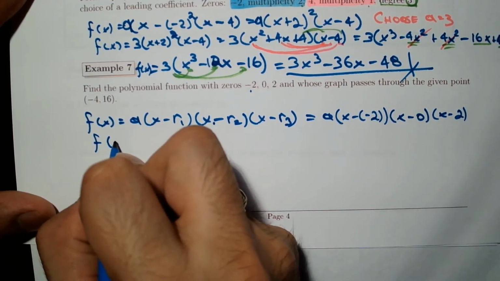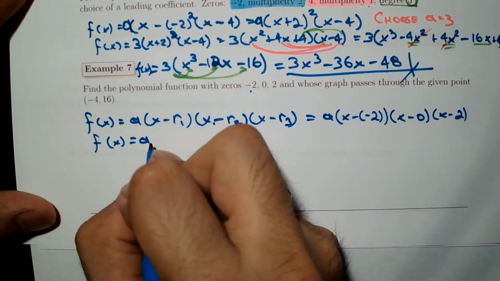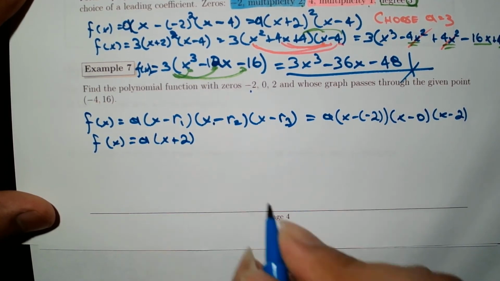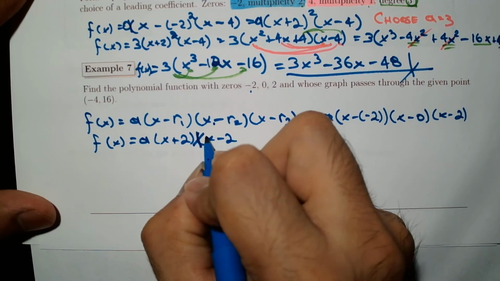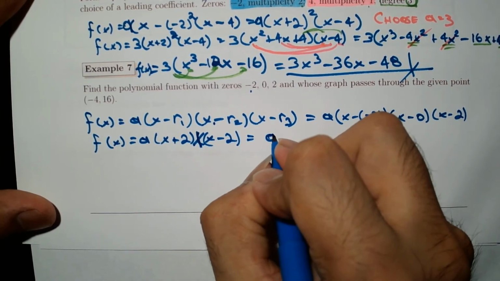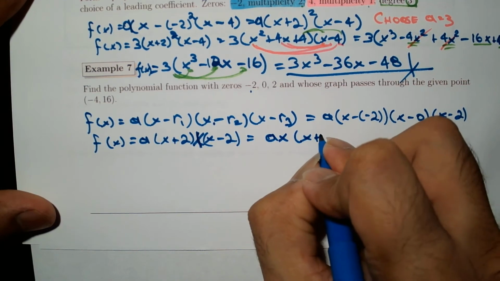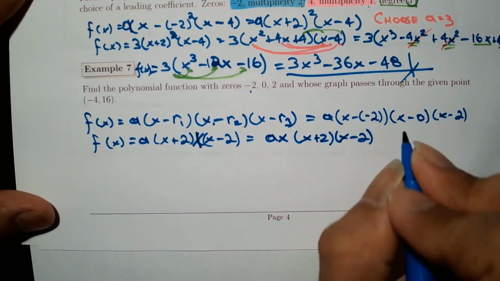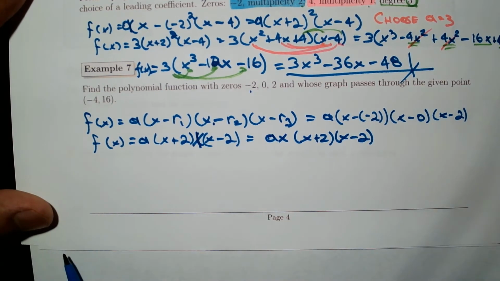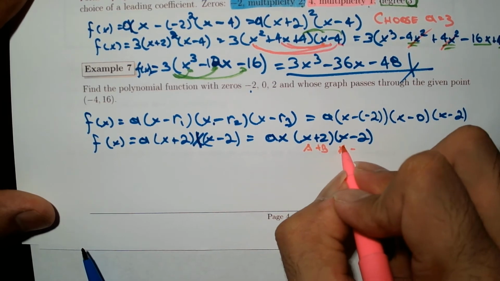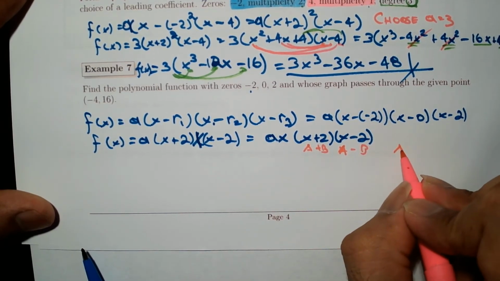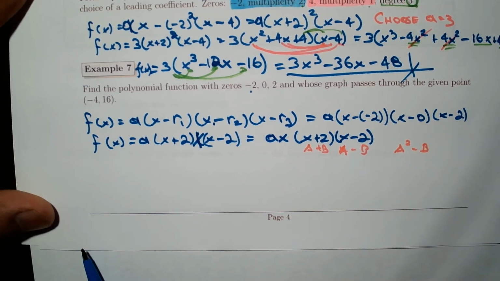Simplifying this, we get f of x equals a times x plus 2 times simply x and x minus 2. I'm going to rearrange this in a simpler form: a x times x plus 2, x minus 2. And in this case, instead of foiling this, you might want to recall that this has the form of a plus b times a minus b, which is the factored form of a difference of squares. So you might want to just do that instead of foiling.